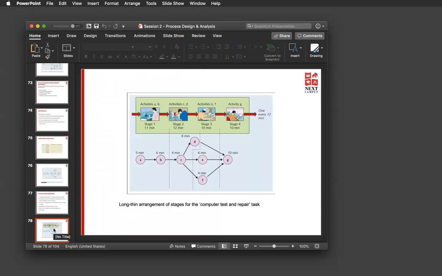You will be doing more of this when you study the module on project management practices. I think you're already doing it.